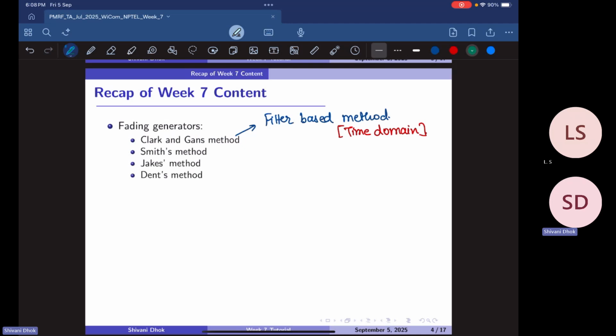The second approach that we looked at was Smith's method. In Smith's method, this is also a filter based method. But instead of looking at the filtering operation in time domain, we said let us do the same thing in frequency domain.